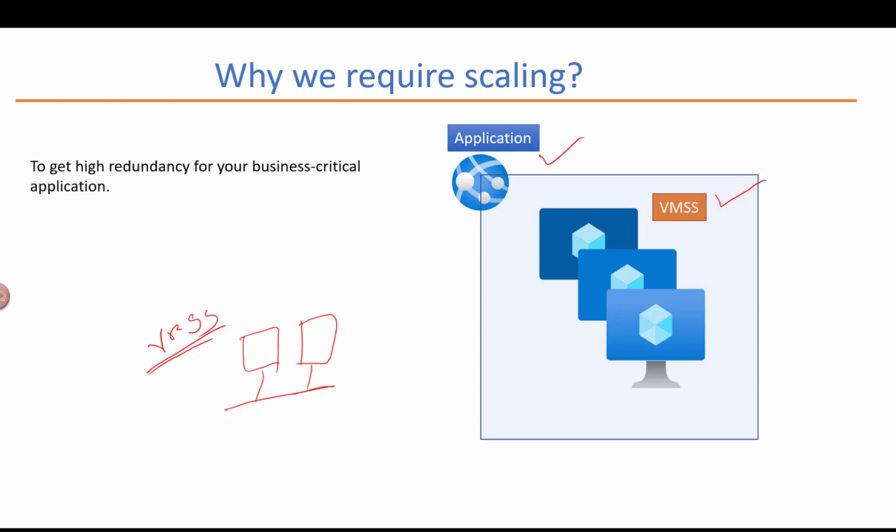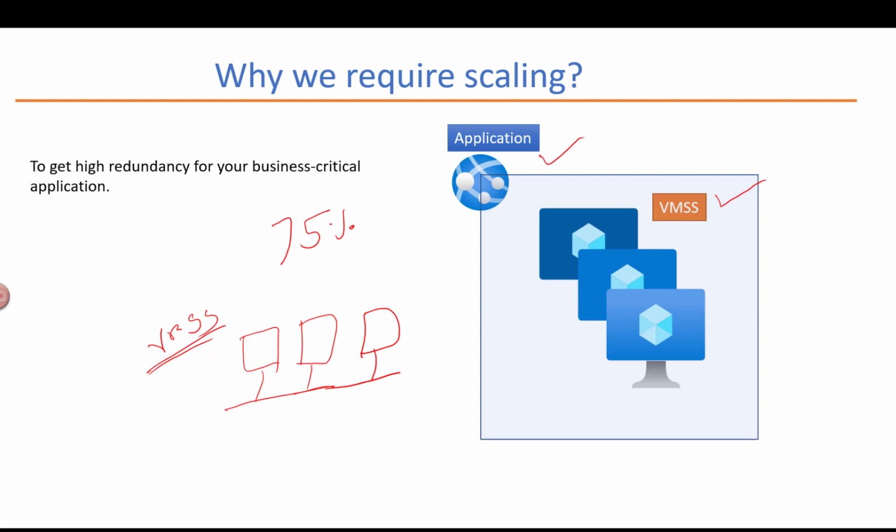But you have decided the condition for scale out: whenever the application utilization goes beyond 75%, it will start increasing your instance count by 1, so that you get more capacity to fulfill the user requests that come for your application.